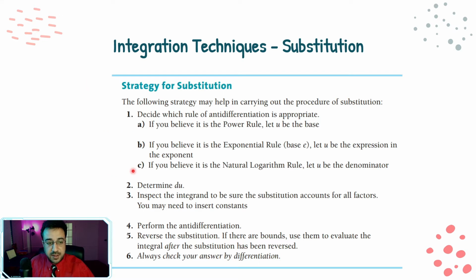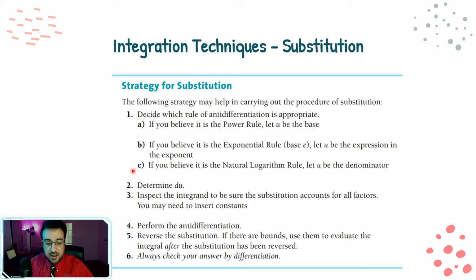So the strategy of substitution: first you decide which rule you want to follow to find your integration. If you believe it's a power rule, then you let u be the base. If you believe it's an exponential rule with the base e, then u will be the expression in the exponent of e, and if it is a natural logarithmic rule, then you let u be the denominator.